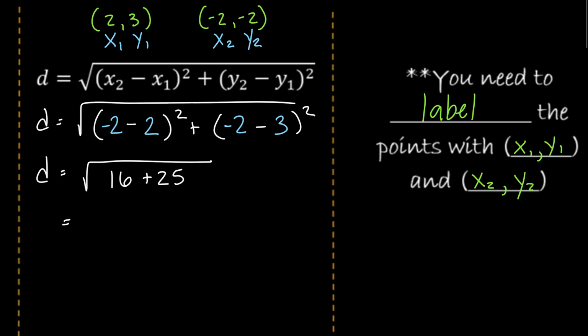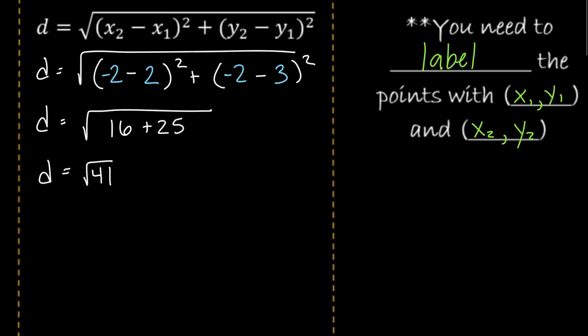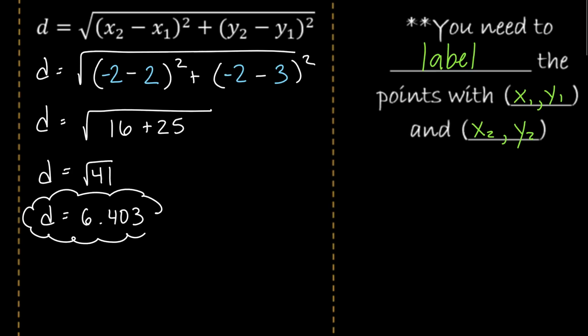So, what's the square root of 16 plus 25? 6.403. Yes, sorry. I meant what's 16 plus 25? And then the square root of 41 is? Now, I know I just said we're trying not to use our calculator, and then there you had to use your calculator. Later on in the year, we're going to learn how to simplify radicals.